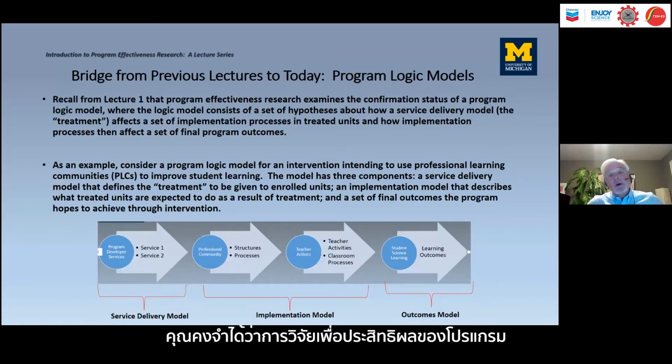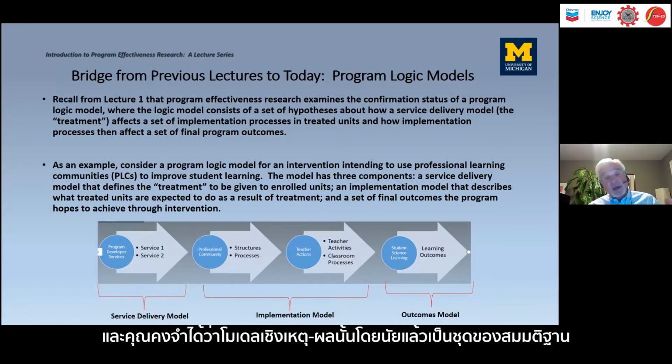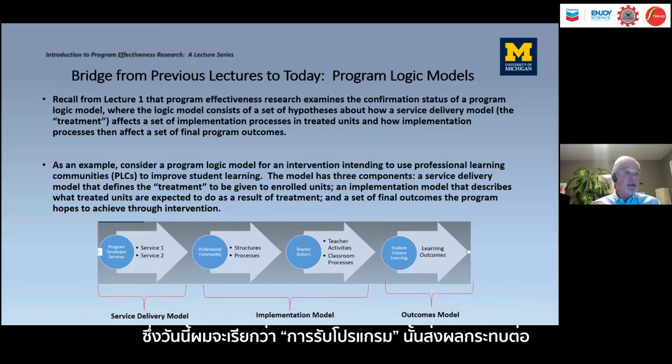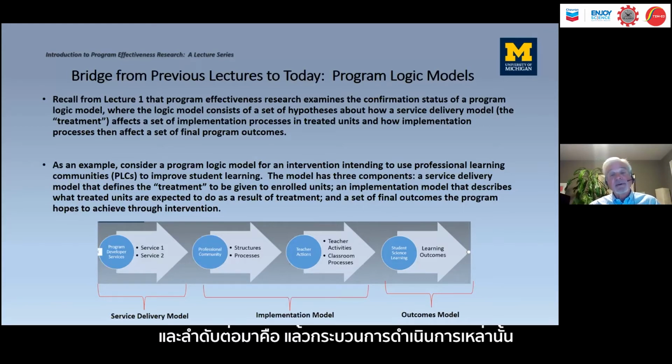You will recall that program effectiveness research is all about the confirmation status of a logic model. And you will recall that a logic model is really implicitly a set of hypotheses about how the services that an intervention program delivers to units, which I am going to call today the treatment, affects a set of implementation processes in those treated units, and in turn, how those implementation processes then affect a set of final program outcomes.